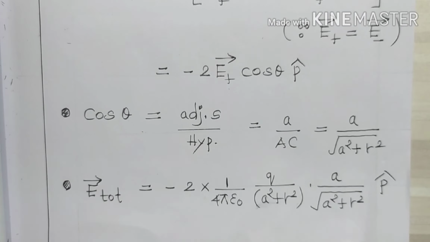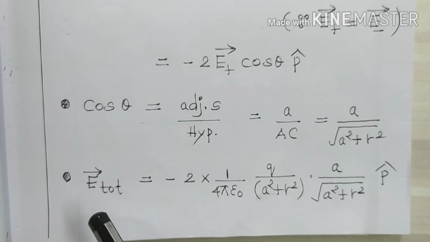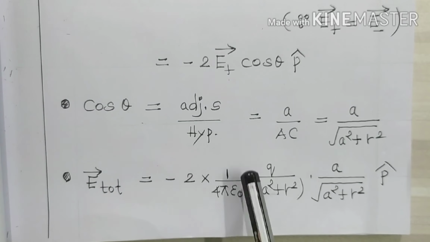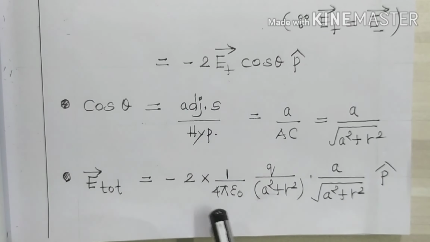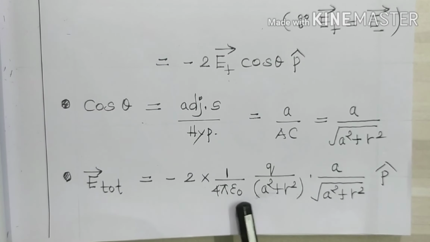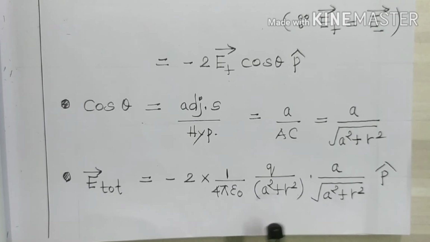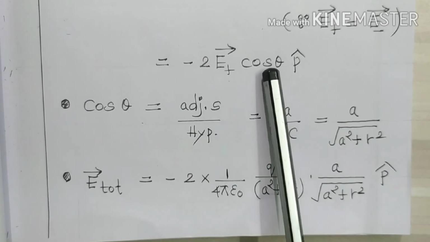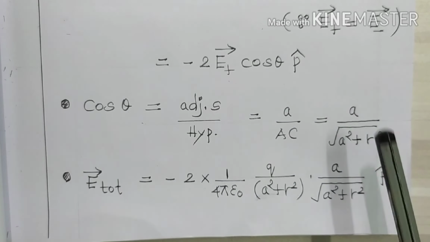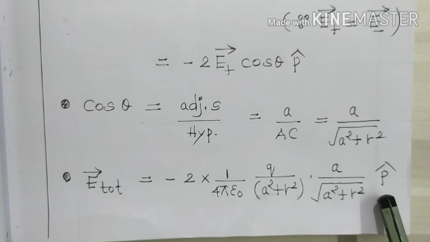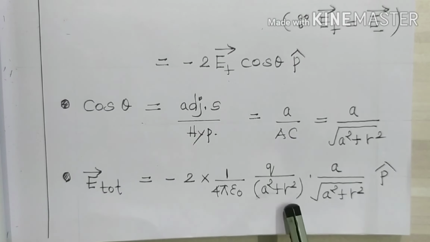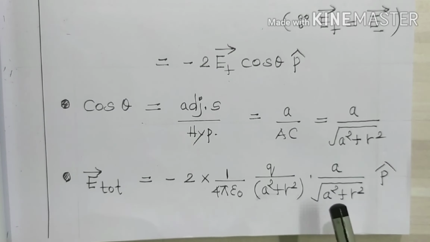Now, E total is equal to minus 2 into the expression for E plus vector, 1 by 4 pi epsilon naught Q by A square plus R square into, for cos theta, A by square root of A square plus R square. Now, here A square plus R square is there. Here square root of A square plus R square is there. So when we multiply, what we get is A square plus R square to the power of 3 by 2.